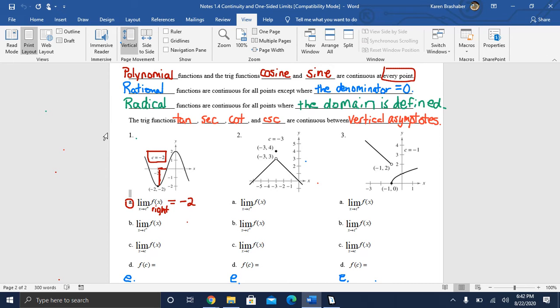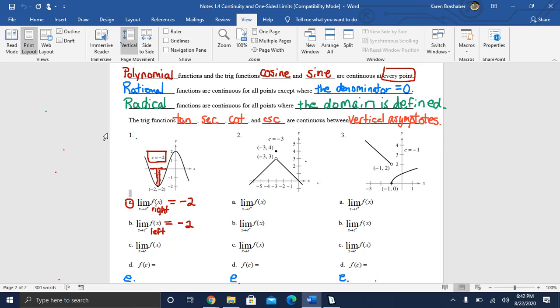And then we're going to look at x approaching C from the left. That's what that little negative sign means. So from the left, and so we'll look at, as we approach -2 from the left, what y value is being achieved. Again, it's -2.